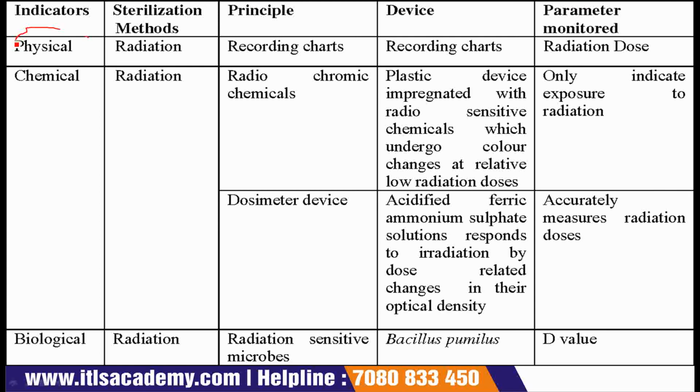If the indicator is physical, then the sterilization method will be radiation. It will be based on the principle of recording charts. The device used will be recording charts and the parameter monitored will be radiation dose. You have to monitor the radiation dose for the monitoring.